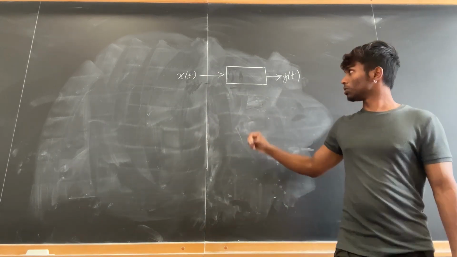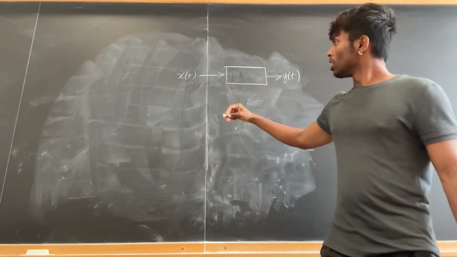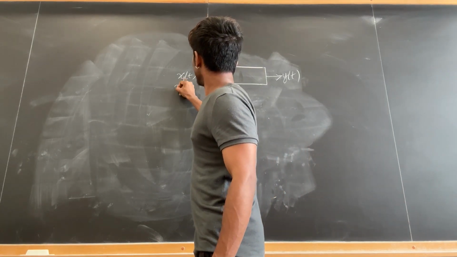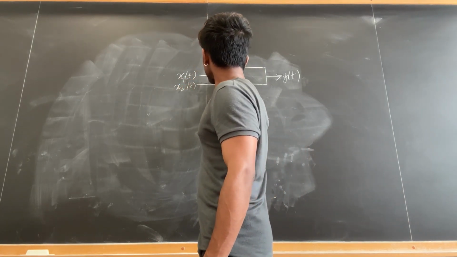criteria. So this system is a linear system when it takes one input x1(t) and another input x2(t).